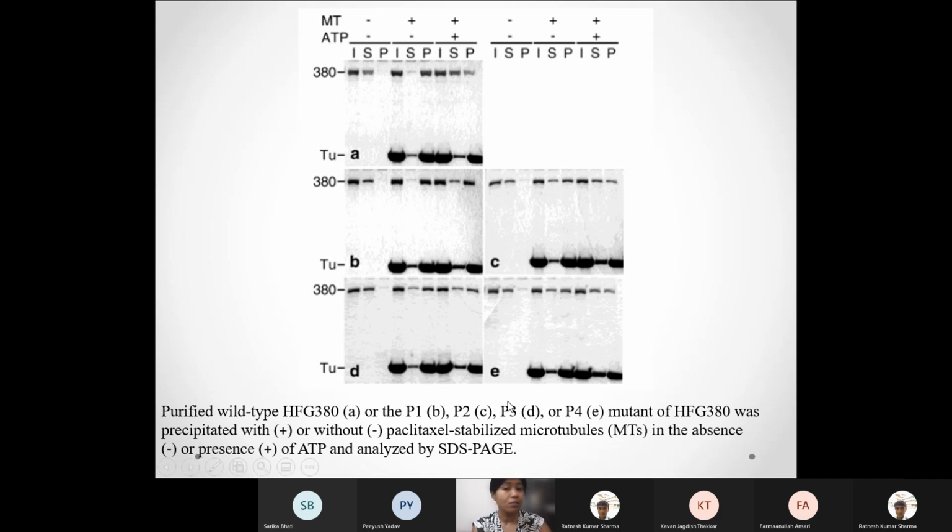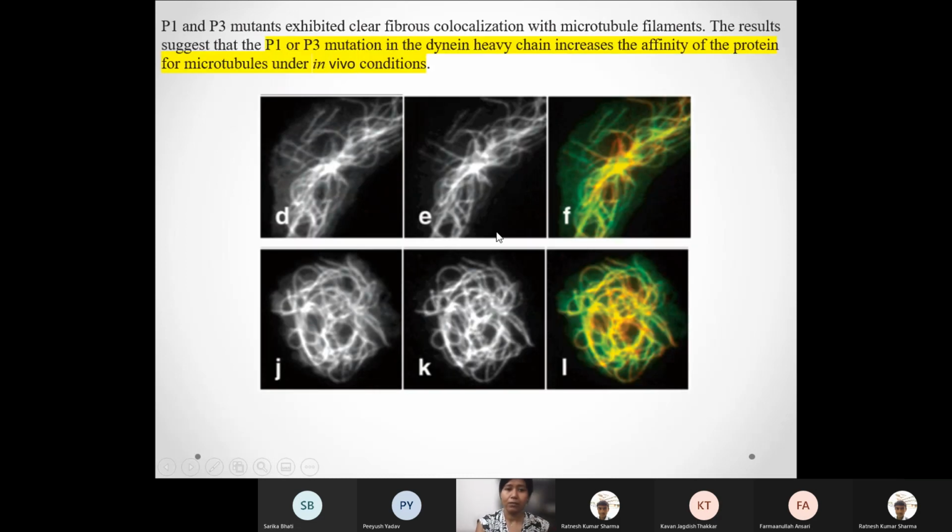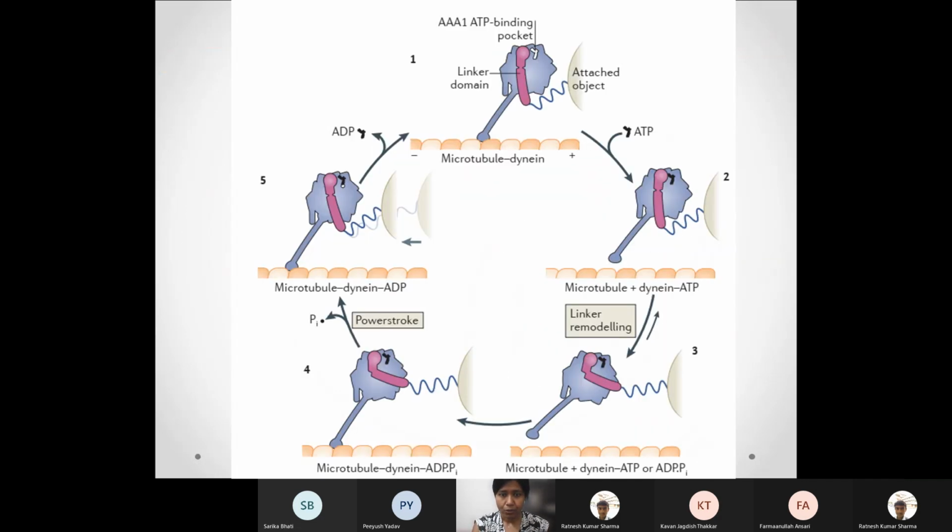It has not dissociated from the microtubule, which is exactly what they found here. For P1 and P3, most of the microtubule is actually yellow, which indicates that it's all throughout covered by these dynein mutants. This gives us very interesting feedback about the mechanism by which dynein moves on microtubules.